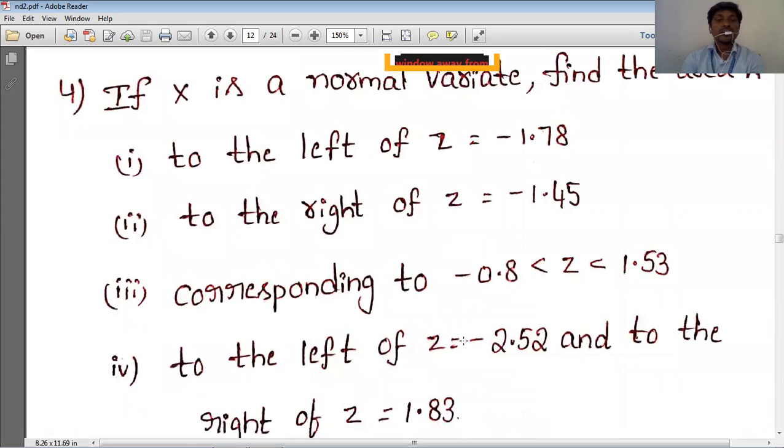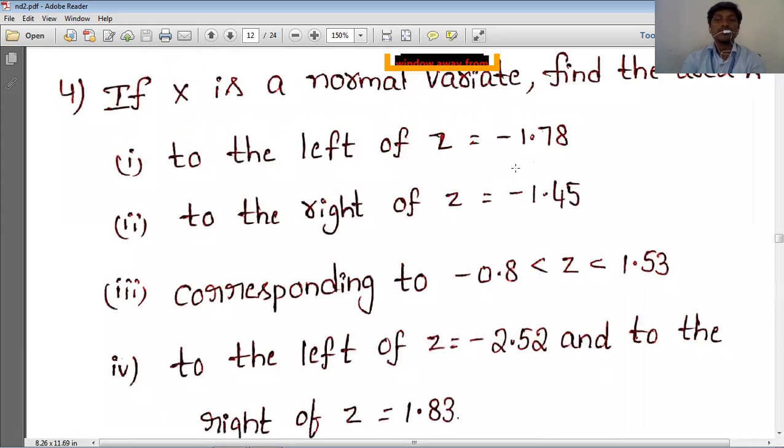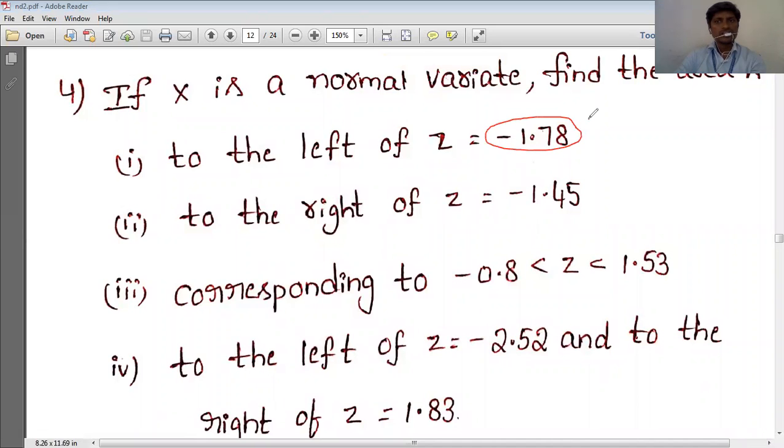So the first one is to the left of z, where z is equal to minus 1.78. Left of means the left side, so z less than z1, and you can treat this as z1. Here z1 is less than 0.